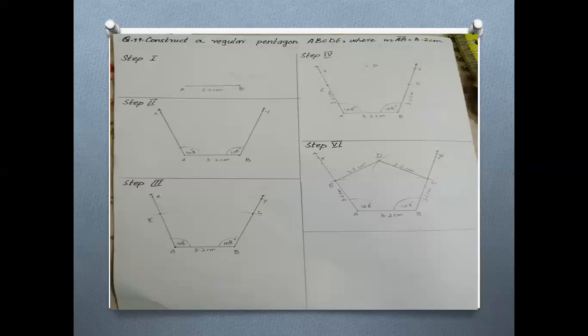Open your compass with radius 3.2 centimeter. Put your compass on point B and cut the ray BY at point C. With the same radius, put your compass on point A now and draw an arc of 3.2 centimeter which meets the ray AX at point E. Now we have 4 points A, B, C and E. Now is the time of the last step.